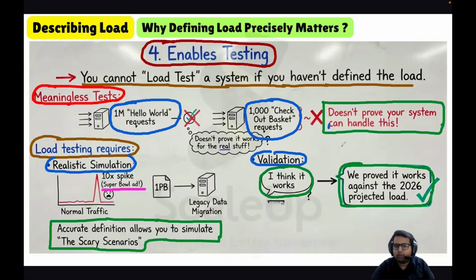Load testing is very important because with it we can validate our system, and for load testing we have to define the load precisely. So defining load precisely enables load testing of systems.